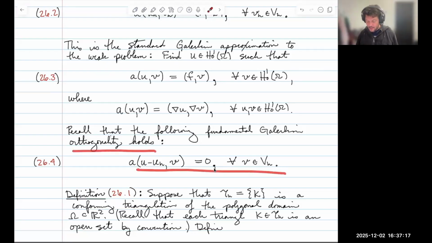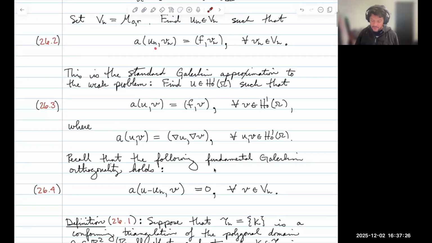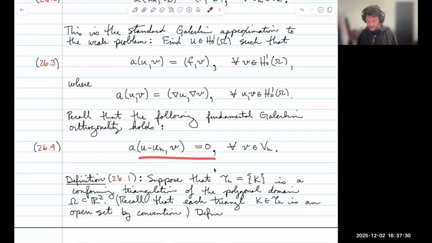That's easily obtained: if we switch the test function to the subspace V_h, then we can simply subtract these two solutions and we get this automatically. This is the error, and it's saying that the error is orthogonal to anything in the finite dimensional subspace in this bilinear form a.